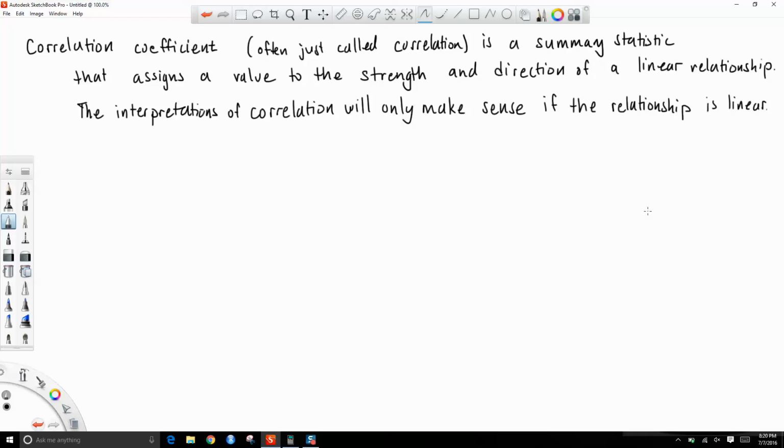Okay, and so how can we decide or determine if a relationship is linear or not?